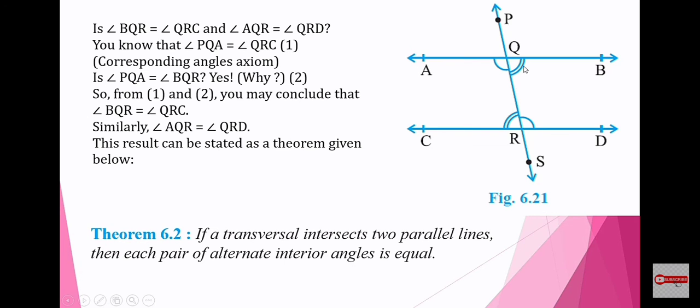So from equations 1 and 2, you may conclude that angle BQR is equal to angle QRC, since the LHS of equation 1 and equation 2 are equal, you can equate the RHS. So angle BQR is equal to angle QRC. Similarly, you will get angle AQR is equal to angle QRD.